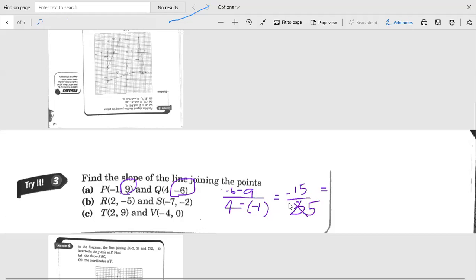Divide both by 5. Excellent. So what is the answer for the slope of PQ? -3. Excellent. Good job, Yvonne. It will be -3.